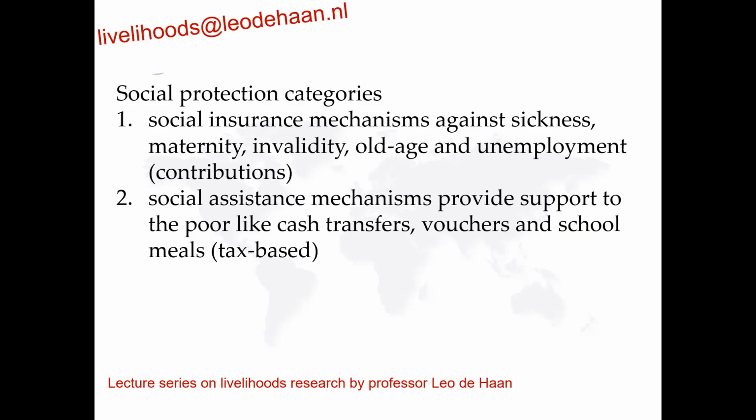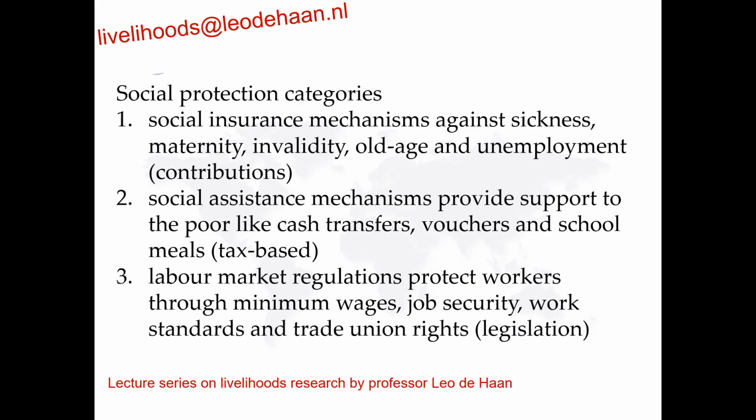Secondly, social assistance mechanisms, which provide support in various forms to the poor, for example, cash transfers, vouchers, and school meals. These mechanisms are typically tax-based. Thirdly, labor market regulations, which protect workers by enforcing minimal wages, job security, and work standards and ensuring trade union rights. These regulations are usually embedded in legislation.